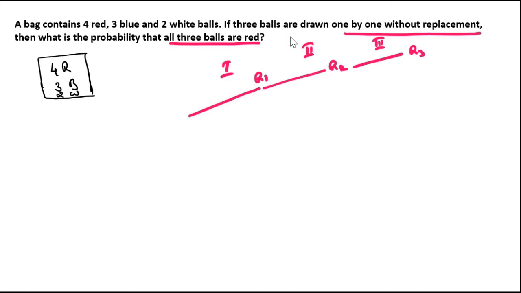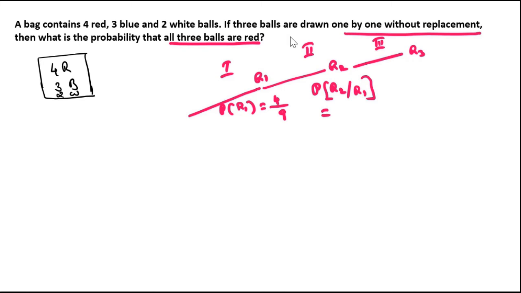Now here is the first case. Red means how many reds do we have? 4 reds. So probability of R1 equal to 4 by, total is how many? 4 plus 3, 7 plus 2, 9. Now one red is gone. Then probability of R2 given R1. R1 happened, then what is the probability that the second ball is red?